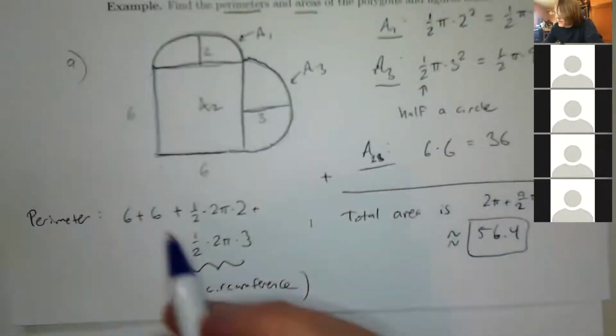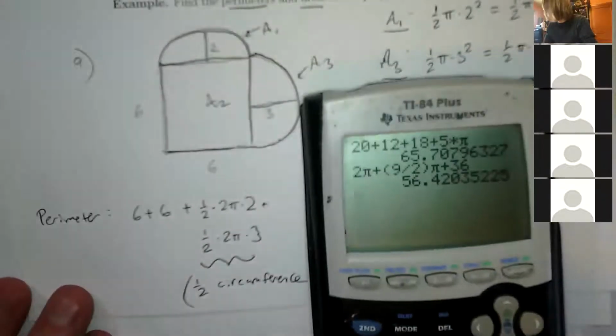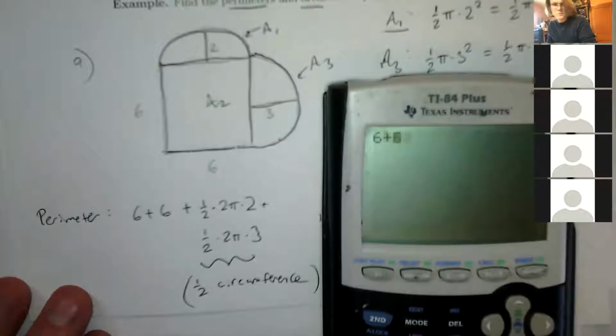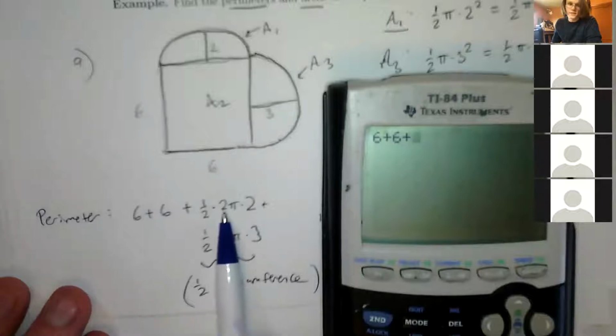Right? And then you just add those up again. And just like before, this was technically a sufficient answer. It's an exact answer. This is also an exact answer. But if you want a decimal approximation, we could plug in our calculator. So let's do that quick. So I get 6 plus 6 plus, let's see, the 1/2 and the 2 cancel, right?